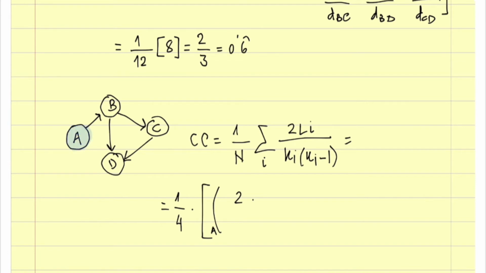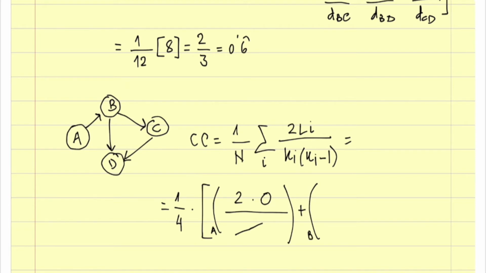Who are the neighbors of A? B. So B is not connected to B. Okay, so there are no connections between the neighbors of A. So L sub i is 0. K sub i doesn't matter because we already have 0. So the clustering coefficient of node A is 0.